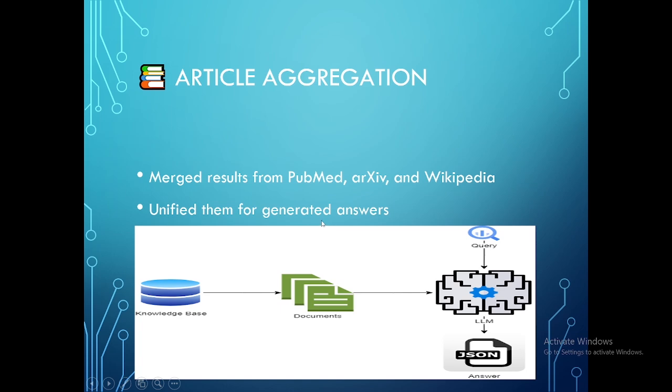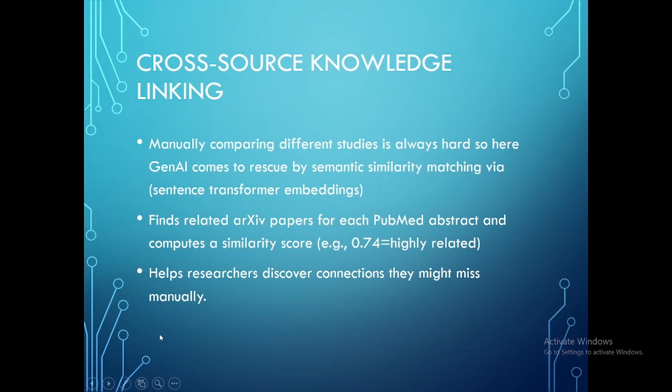Another amazing thing is that it merges results and unifies them to generate answers. It also does cross-source knowledge thinking. When we gather data from different sources, we compare them with each other.